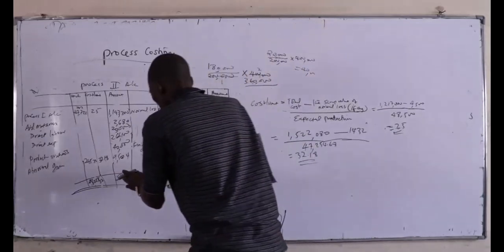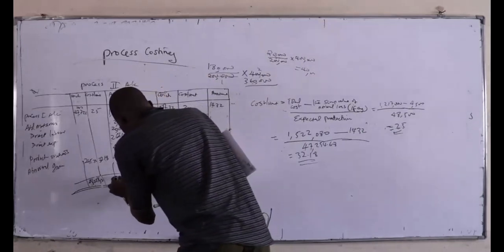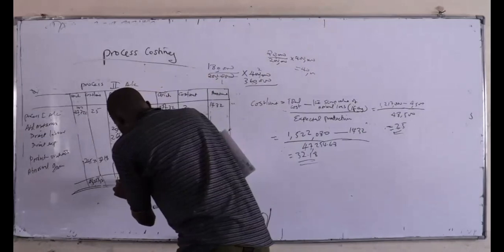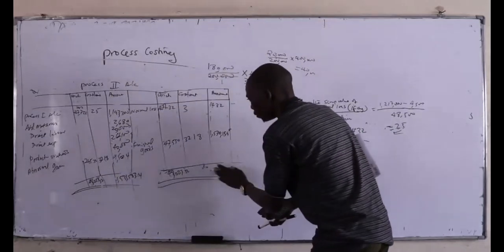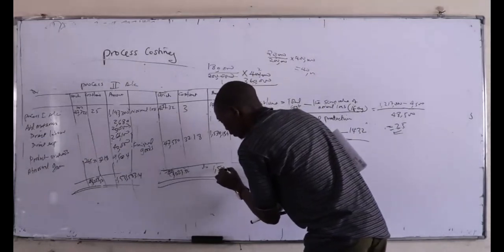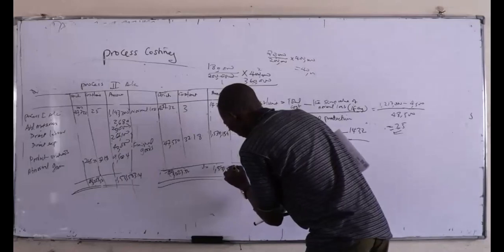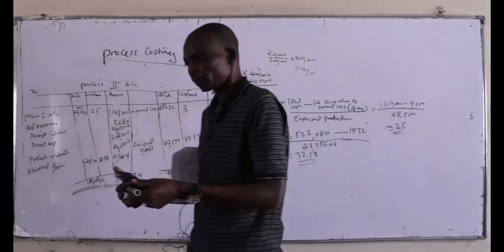So this is supposed to be 1,531,583.4. Now that is how the process is prepared.